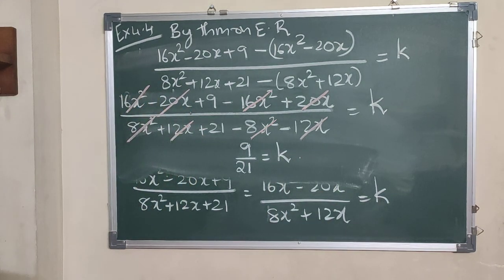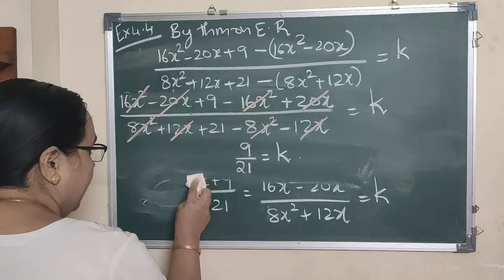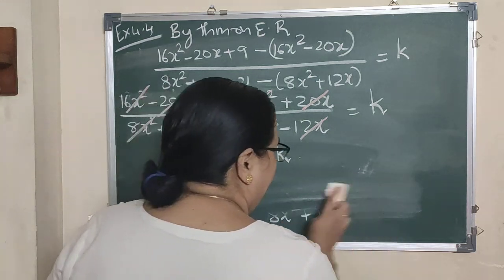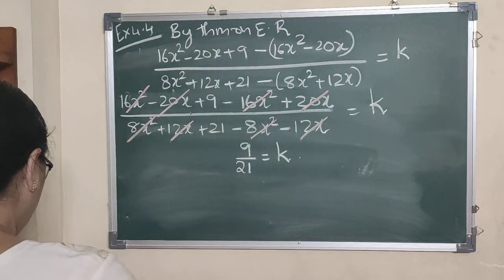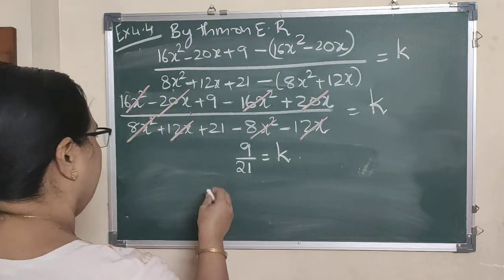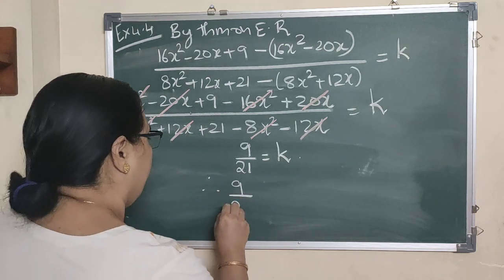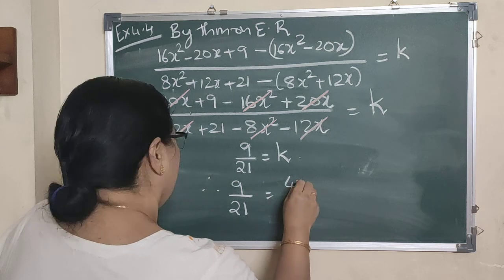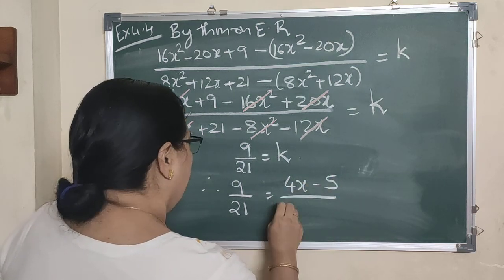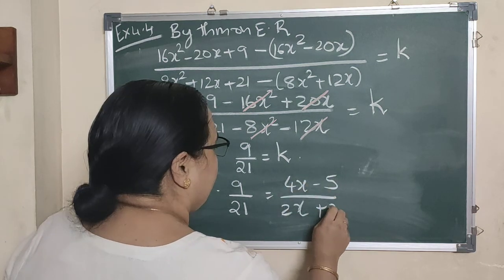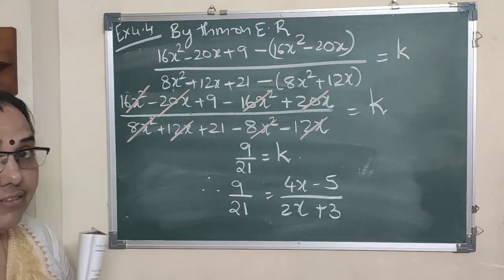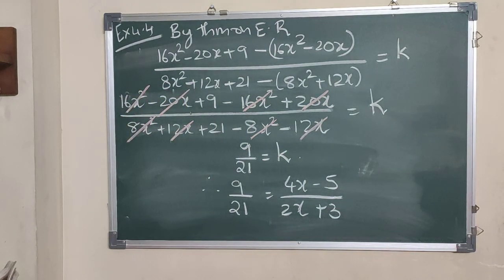So therefore I can say k is also equal to 4x minus 5 upon 2x plus 3. Yes, now you can see the linear equation.